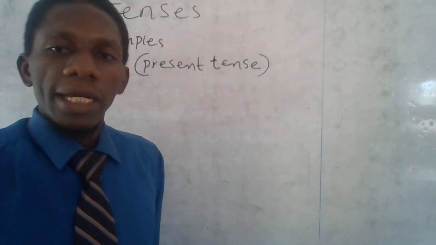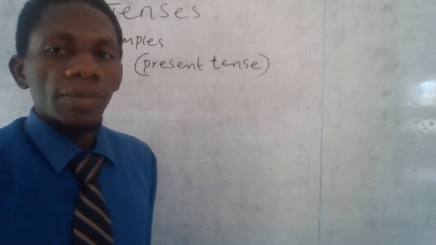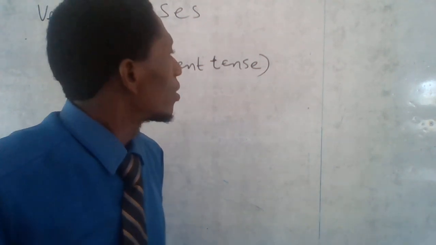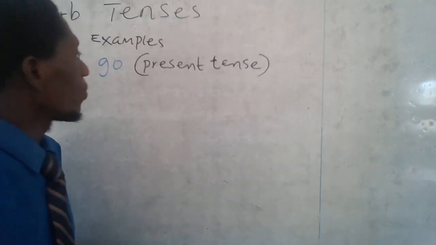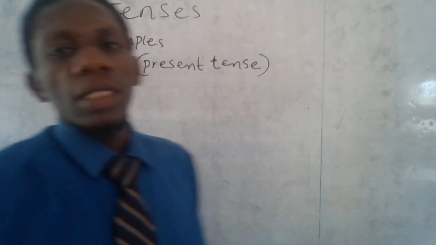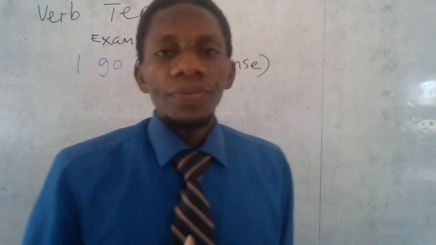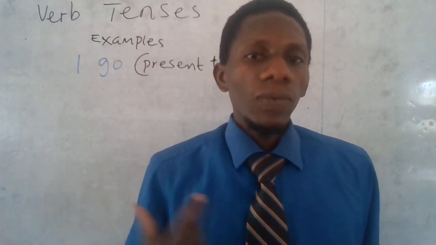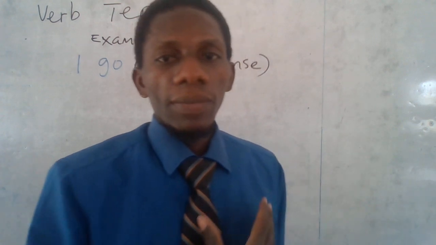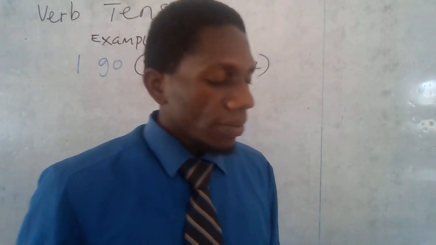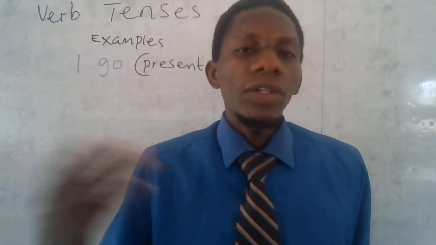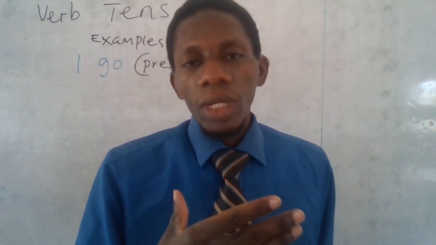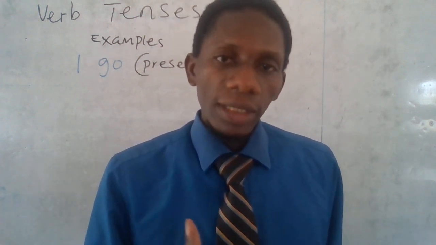But if I say that I went, remember that the past tense of go is went. So if I say I went, that means I'm talking about the past tense. And similarly, if I say that I have gone, that means that I'm talking about the perfect tense.